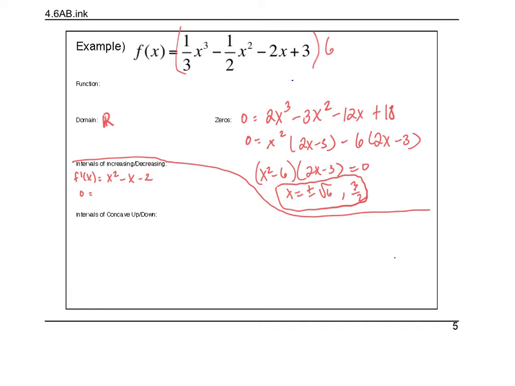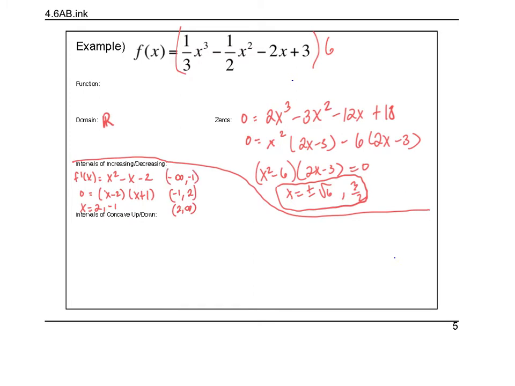So if I factor this, I would have an x minus 2 times an x plus 1. So then I'm going to have a 2 and a negative 1. Right, I do need to find complete ordered pairs for those, but I'm going to hold off on that right now. And I want to do interval testing. So I'm breaking my domain up: negative infinity until -1, -1 until 2, and 2 until infinity.